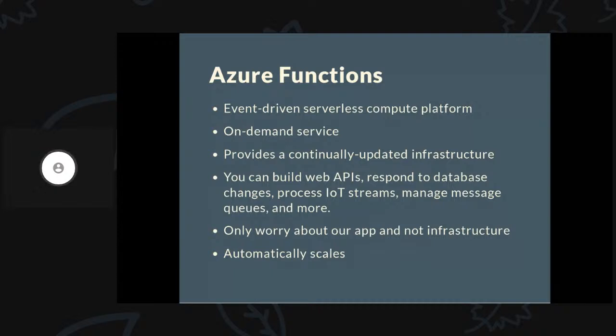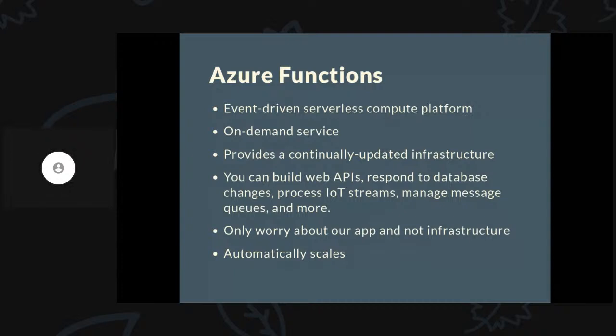When a request comes in, the resources will be allocated automatically, and it provides a continually updated infrastructure. One of the advantages of going to serverless platforms is that you don't have to take care of your infrastructure. If you're running your own Kubernetes cluster, for example, you might have to apply security patches for your OS, or update it if there are any updates.